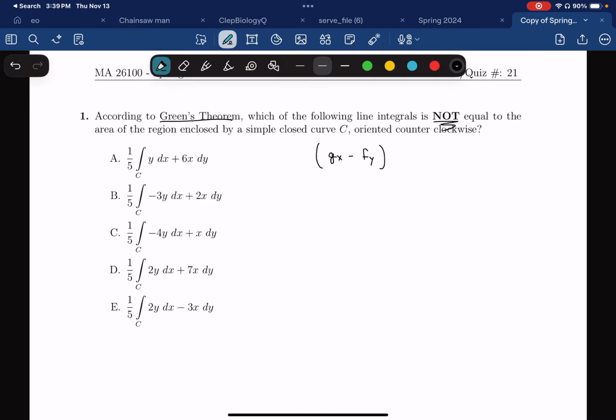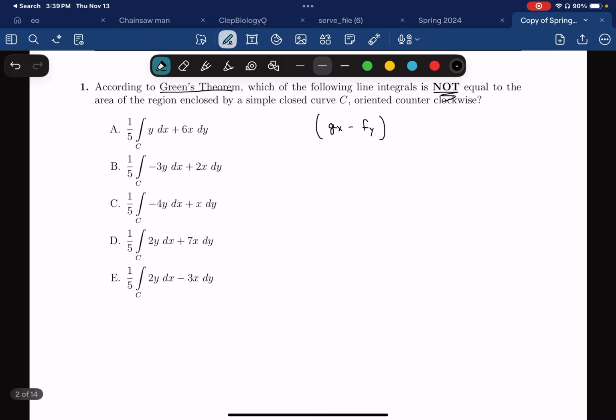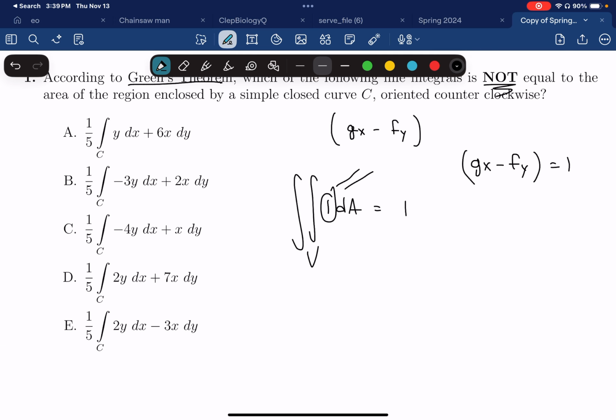So in this case, when you use Green's theorem, this value should equal out to 1. So g_x minus f_y should equal 1. So let's check these points here.